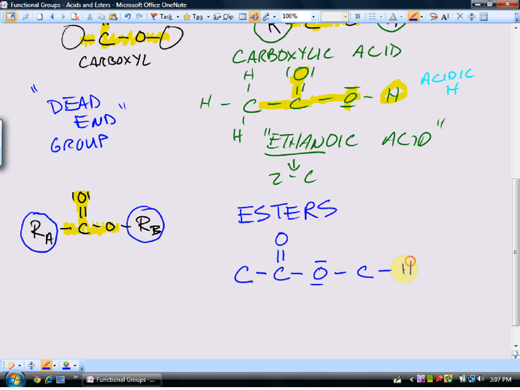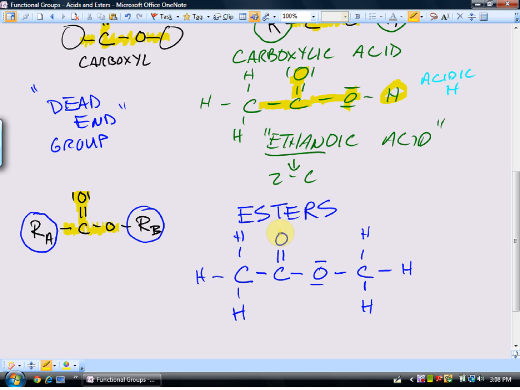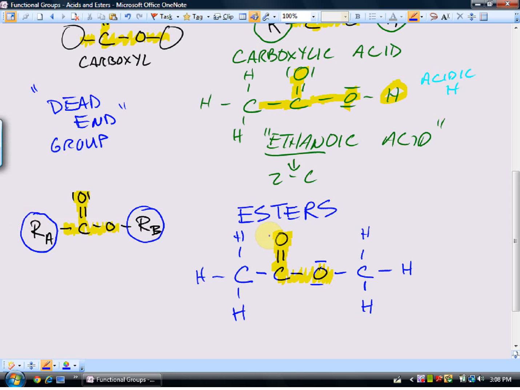If we fill in all the hydrogens, there would be our simplest ester. Again, as we're looking at this, the first thing we recognize is we've got that carbon-oxygen double bond combination. And then we focus on what is connected to that. We've got a carbon on one side and a carbon on the other side, so that characterizes as an ester.